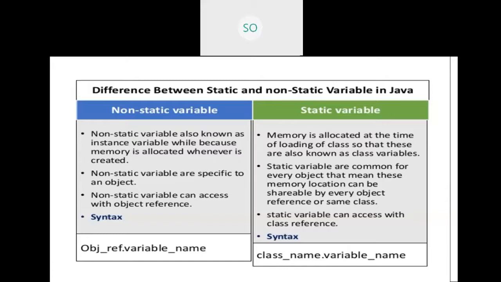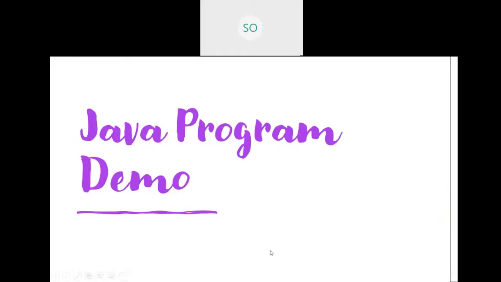That means it's common for all. In case of non-static variable, we can access with object reference. In case of static variable, it can be accessed with class reference. Here object reference, and here in static variable we have class reference.